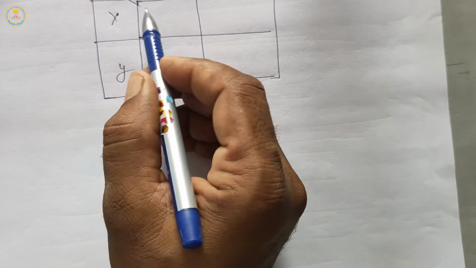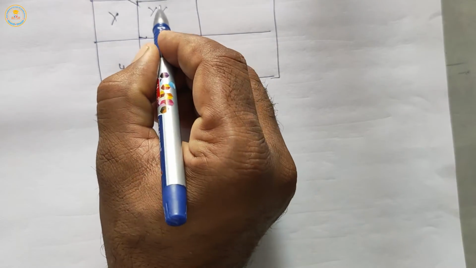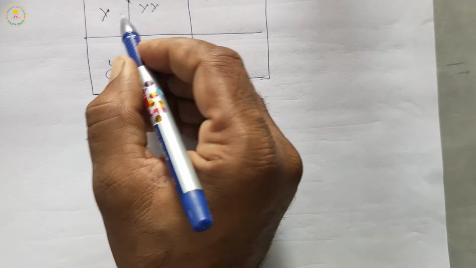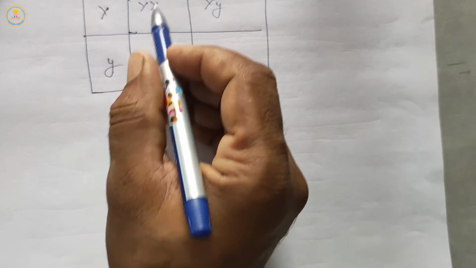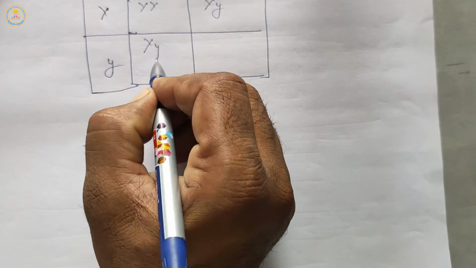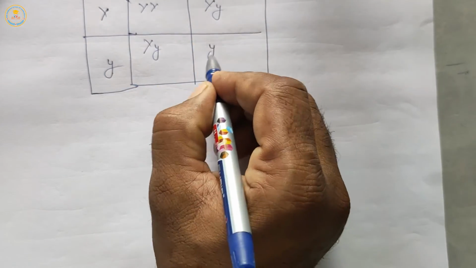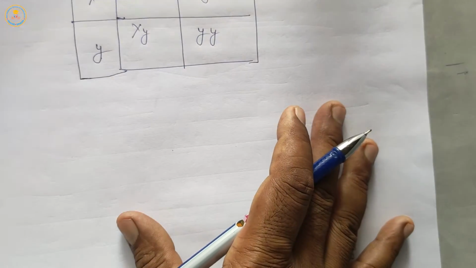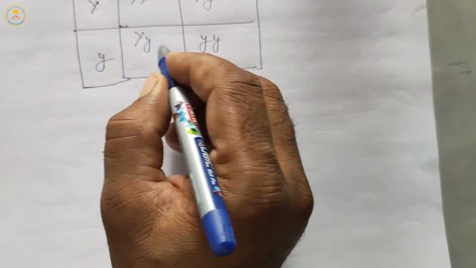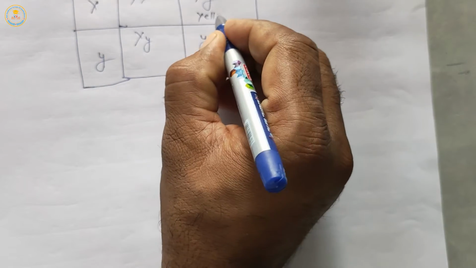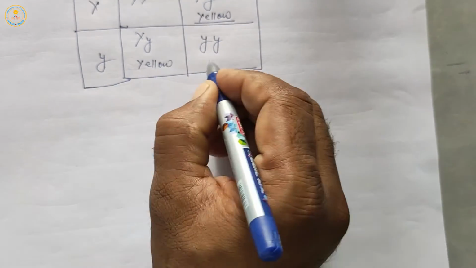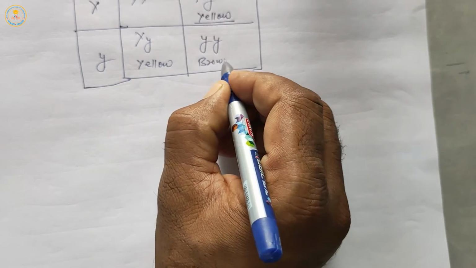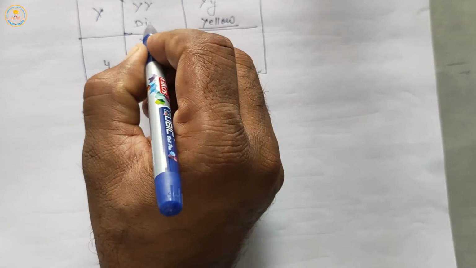When capital Y small y cross each other, and small y crosses small y, this color is yellow, this color is brown, and this mouse died.